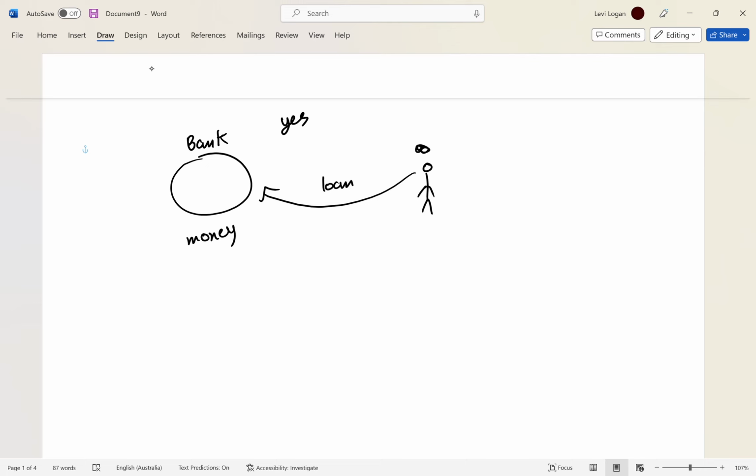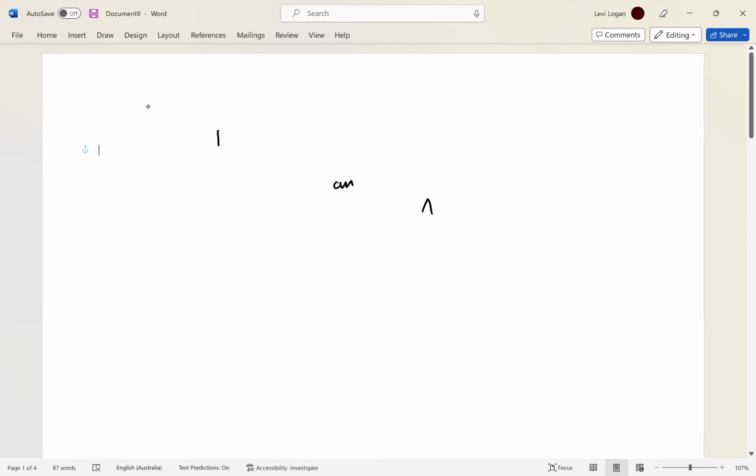So the formula for simple interest, I'll just write it up. Simple interest basically means that if you have a certain amount and you take it from the bank, it asks you to pay it back. So, say I'll take out 20 grand, with an interest rate of 4% per annum.